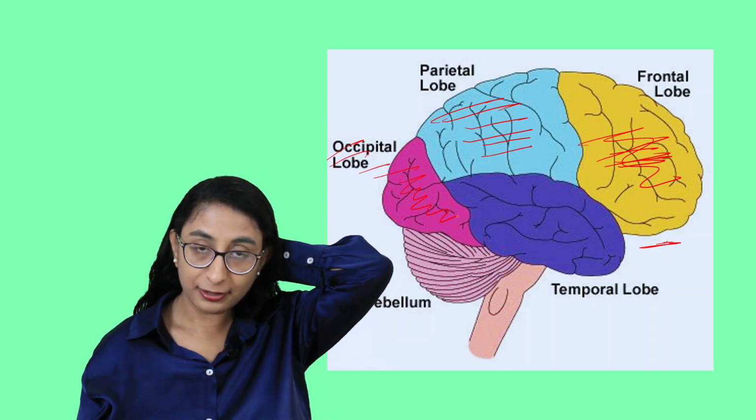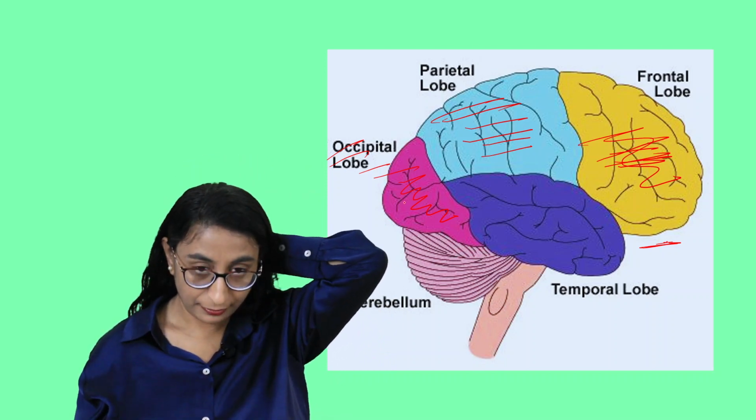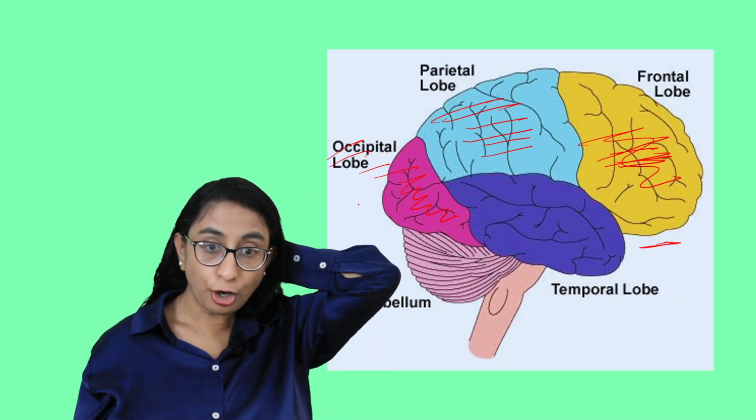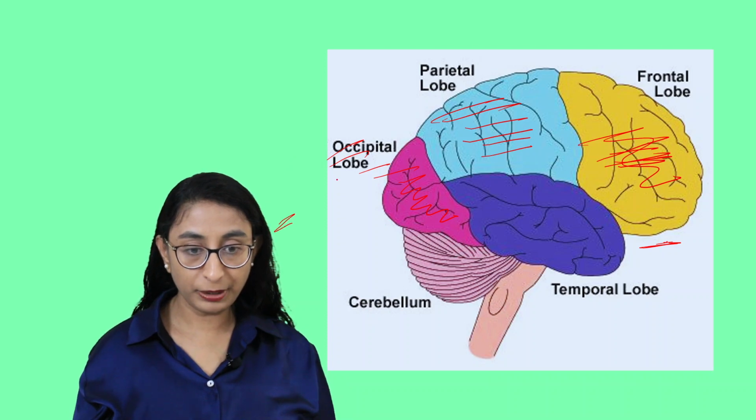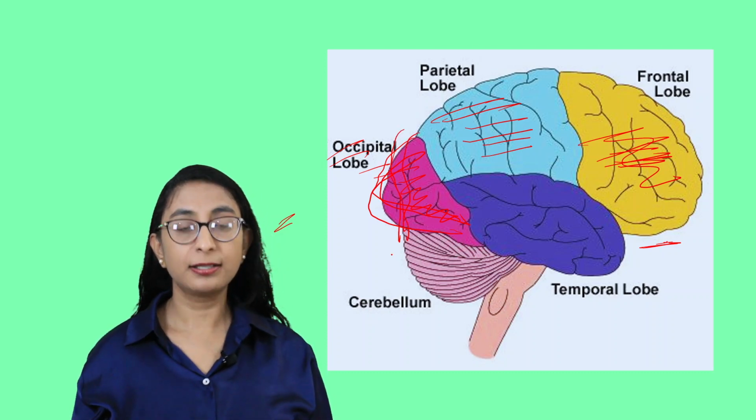So frontal, parietal, occipital. For normal people, the occipital is curved like this, whereas for them it will be considerably flat like this. Got it?